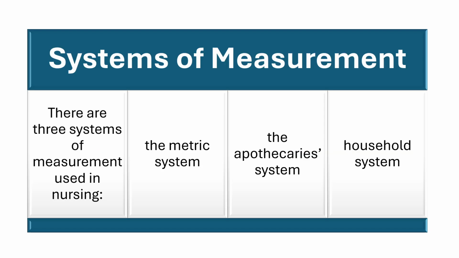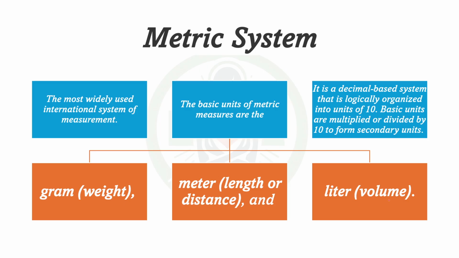And coming to drug dosage calculation, we have three systems of measurement. So what are the three systems? The first one is the metric measurement, the second one is the apothecaries system, which is a very old method of calculating medicines, and the third one is the household system. If you look at the metric system, it is grams, weights, meter or liter.